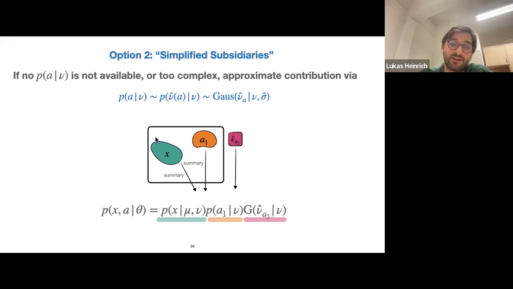And so instead of having a full likelihood term, we just add a Gaussian constraint term, but it acts in the same way as the full likelihood would act under the assumption that the asymptotics would hold.